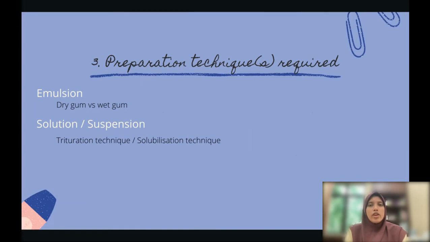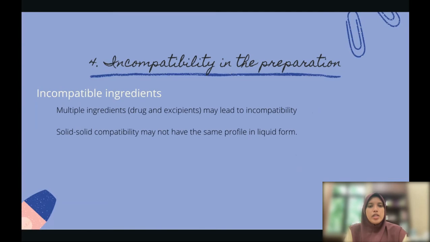So if you have an oil in the group of oleoresin, preparing the emulsion through the wet gum method is more suitable than dry gum. But for the other types of oil, usually we will use the dry gum method. Okay, but it's not wrong to choose either method to prepare the emulsion. Okay, it's not wrong.